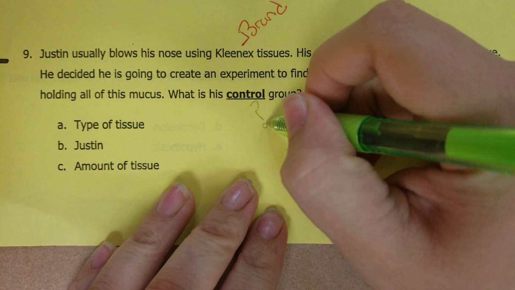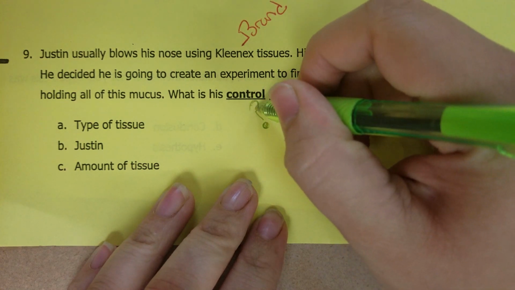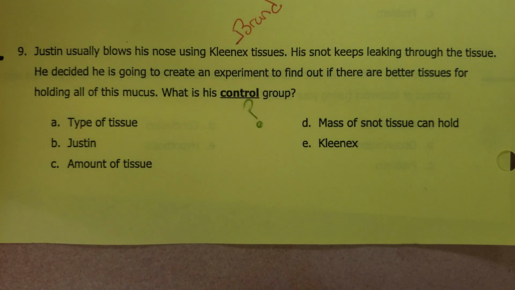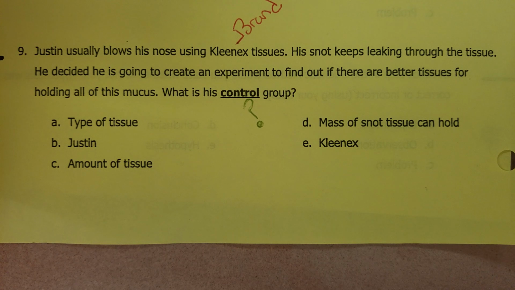So not a constant, not something that's staying the same, but our control. Remember, control is what we're comparing all our other results to. We also said our control is like our normal condition, what normally is happening. Let's find our important information.